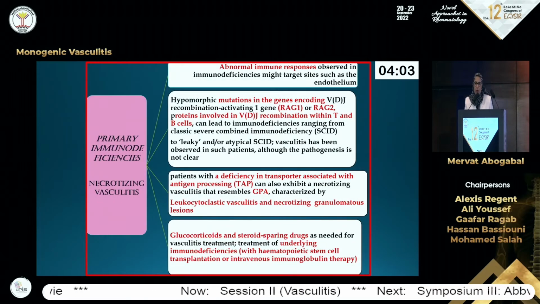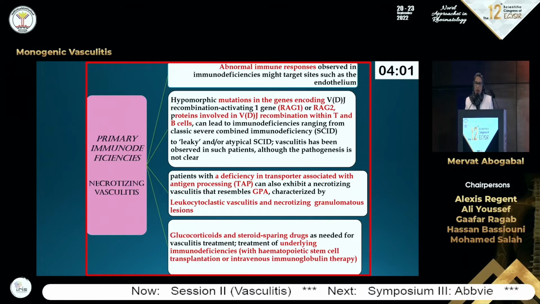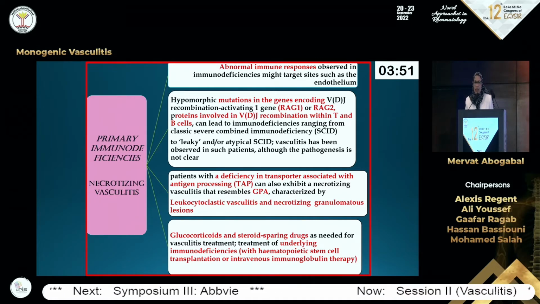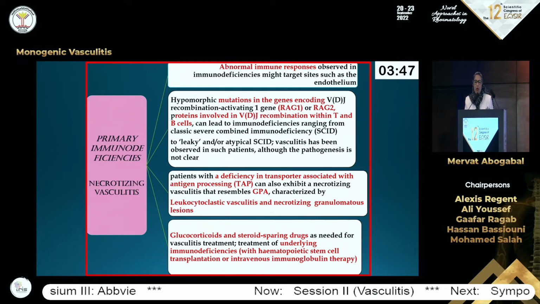The last form today of monogenic variant of vasculitis is primary immune deficiency associated necrotizing vasculitis that resembles polyarteritis nodosa. Again, a single gene mutation in genes encoding proteins involved in recombination in T and B cells can result in necrotizing vasculitis resembling polyarteritis nodosa.